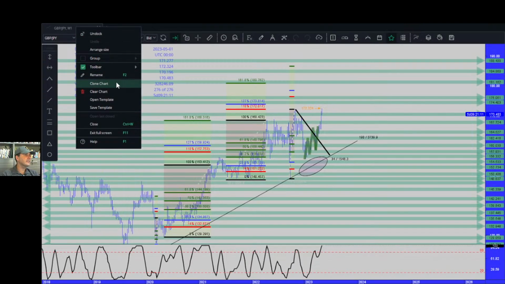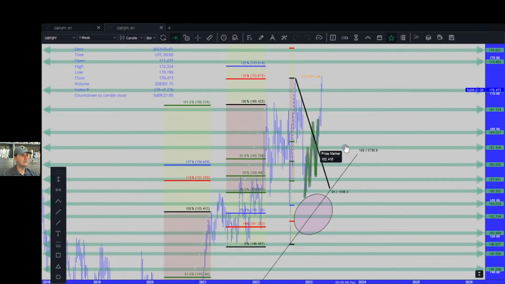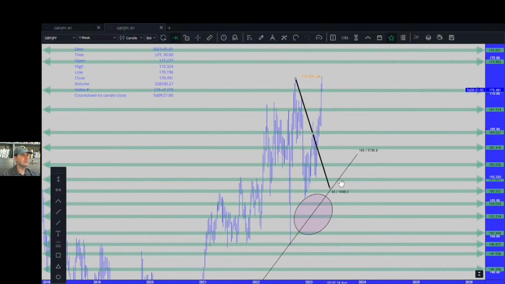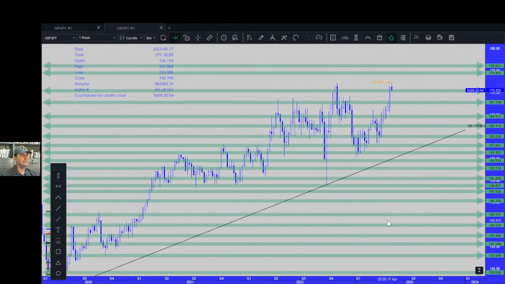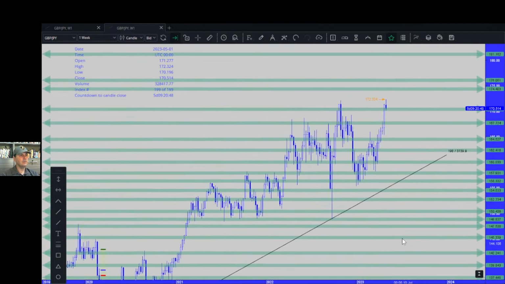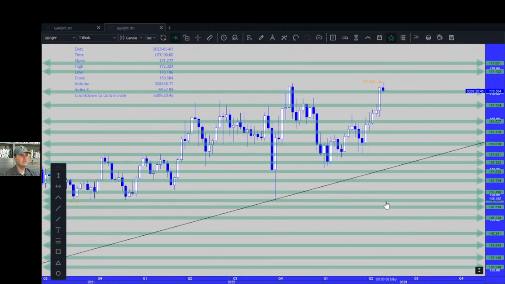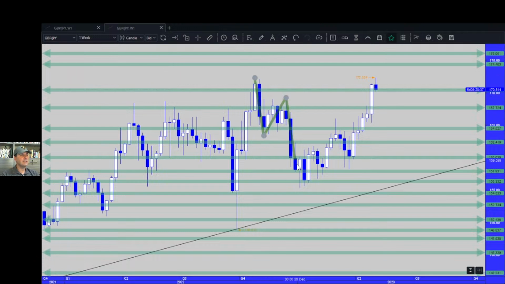You are looking at GBP JPY weekly chart. Fibonacci is out, we didn't learn yet. You are looking at GBP JPY weekly chart, alright? And now you are seeing maybe the high to low, low to high, high to low, low to high, high to low, low to high, high to low.